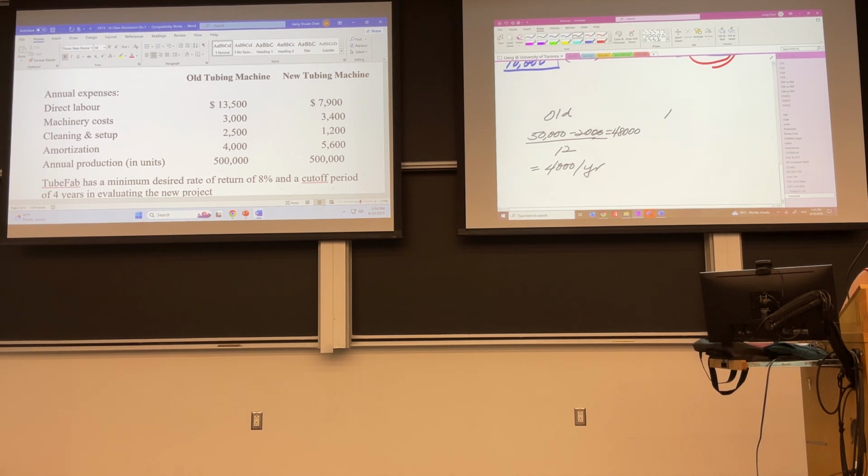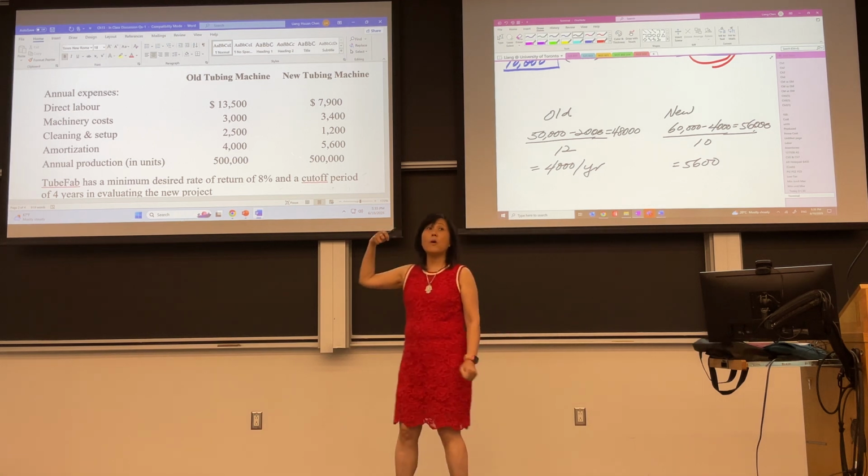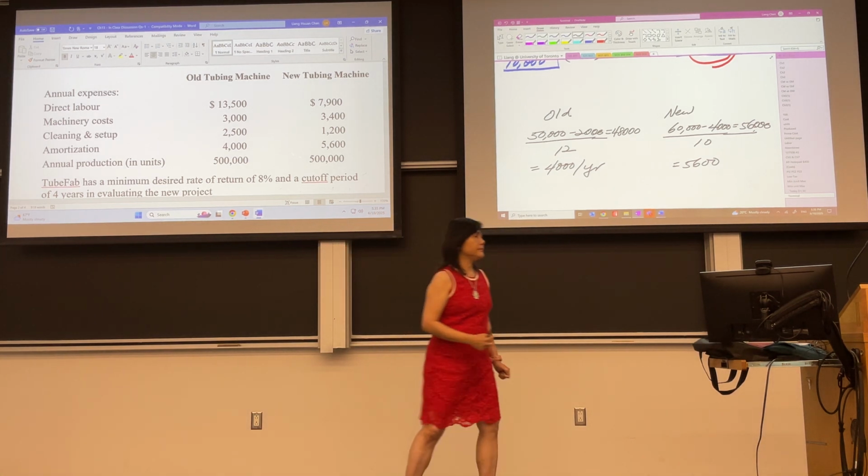The new machine, 60,000 at the end, 4,000, so 56,000. How many years? 10 years. So 5,600. So the new machine actually has more amortization. You subtract more. Okay.